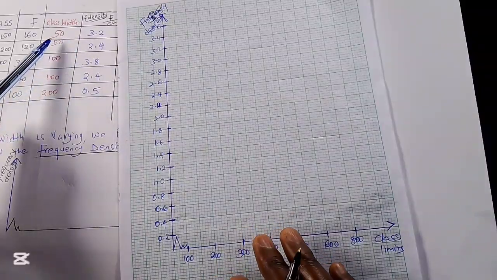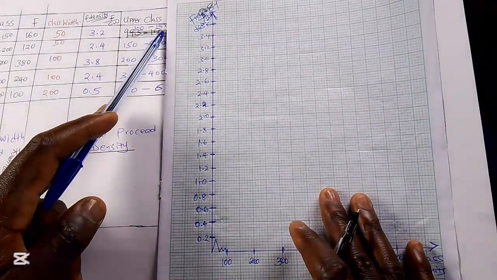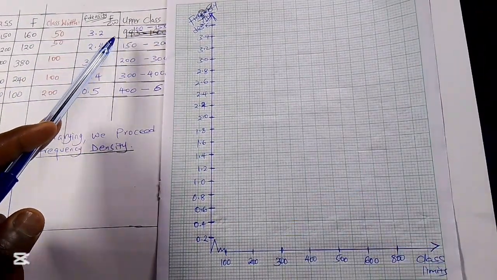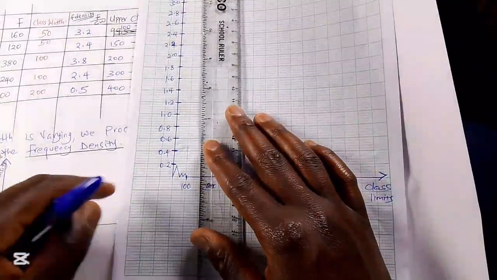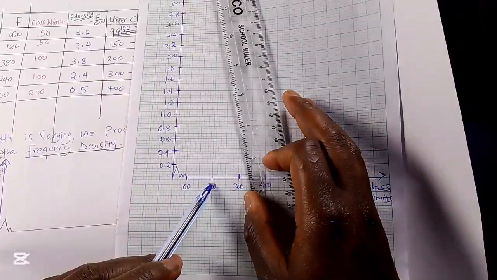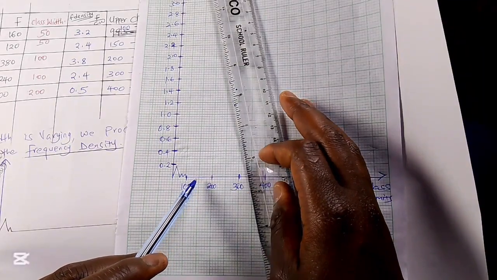So we'll start with the first one. From 100 to 150, the frequency density is 3.2. 100 is here, 200 is here, so definitely 150 is at the center.